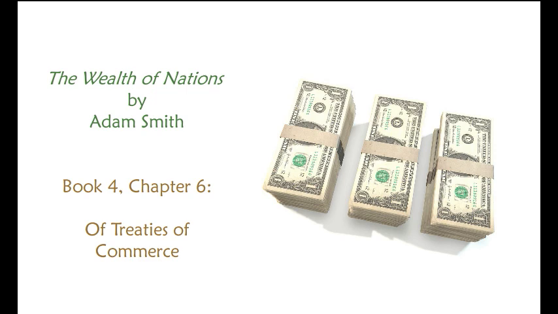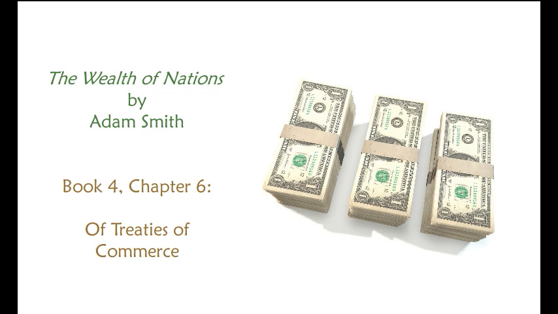That any annual addition which, it can reasonably be supposed, is made either to the plate or the coin of the kingdom, could require but a very small annual importation of gold and silver, seems evident enough; and though we had no direct trade with Portugal, this small quantity could always, somewhere or another, be very easily got.